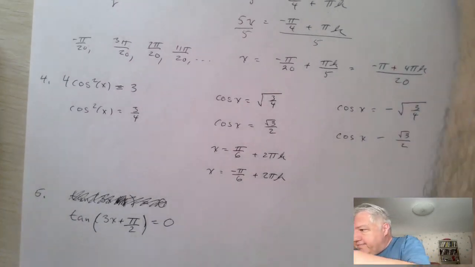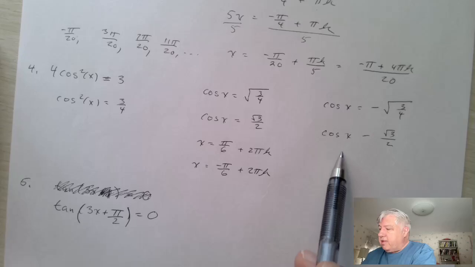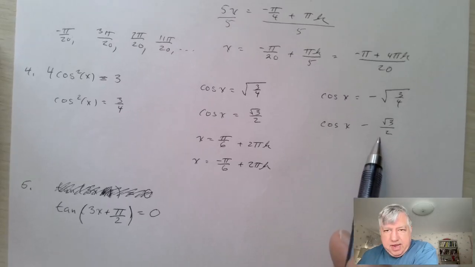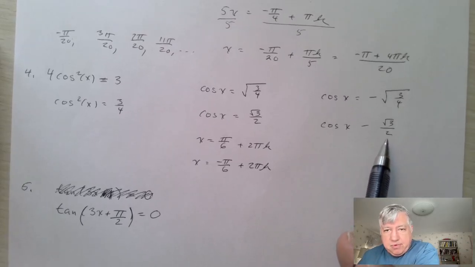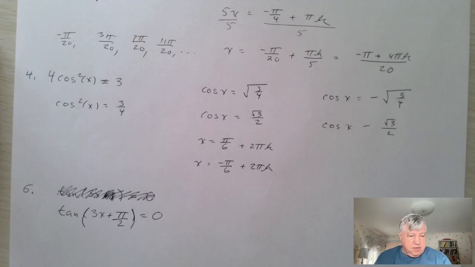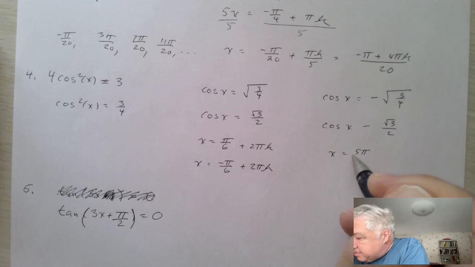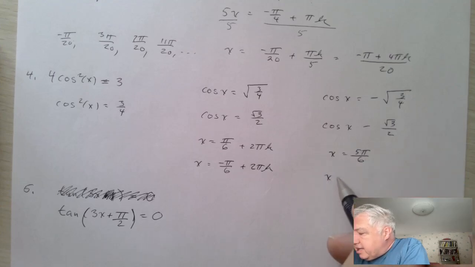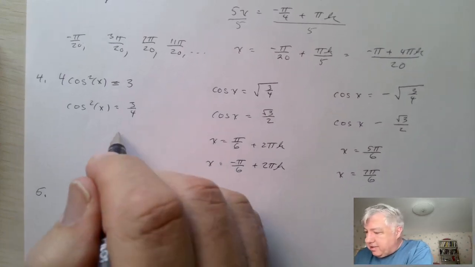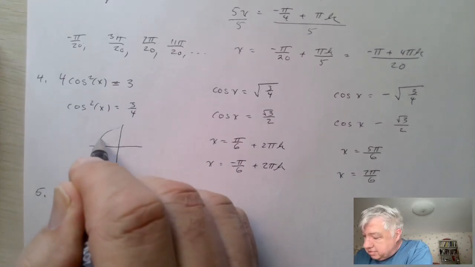And then over here, what angle has cosine equal to negative square root 3 over 2? Well, that's going to be 5 pi over 6, in radians. So x could be 5 pi over 6, or it could be 7 pi over 6. And if you're not sure how to get these, just draw the unit circle.